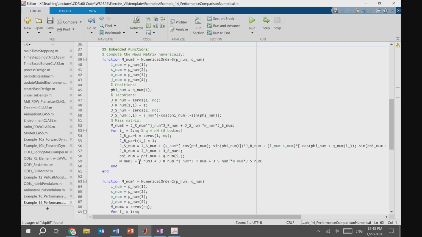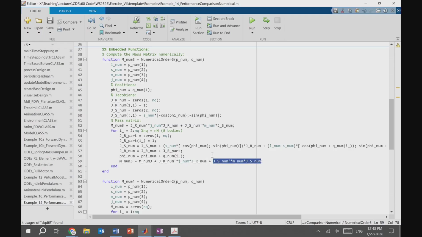But the important bit is basically I have one for loop here. And then within this for loop, I do these multiplications that give me partial mass matrices. Right? So JR_num is a 3 by NQ matrix. And I basically have this column vector times row vector calculation that we see here, right? To compute my partial mass matrix for rotation and translation.